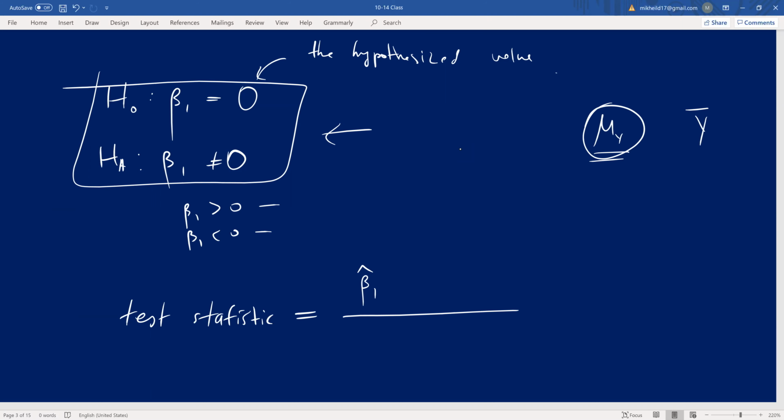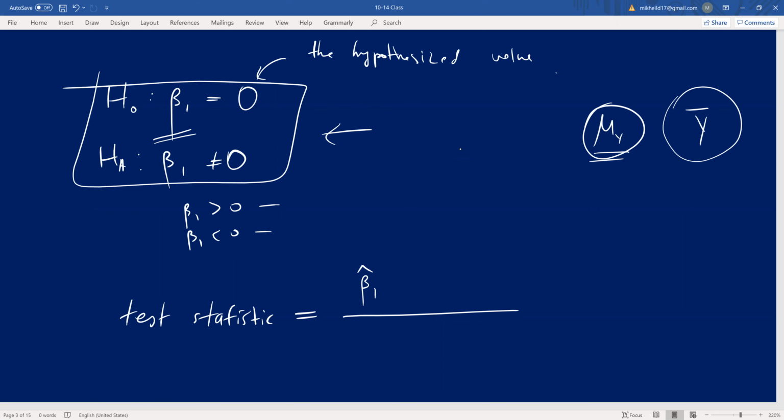Do you remember? You were constructing the test statistic for the hypothesis about mu of y using y bar. Am I clear, guys? But now we are testing the hypothesis about beta 1. It's not about mu of y.